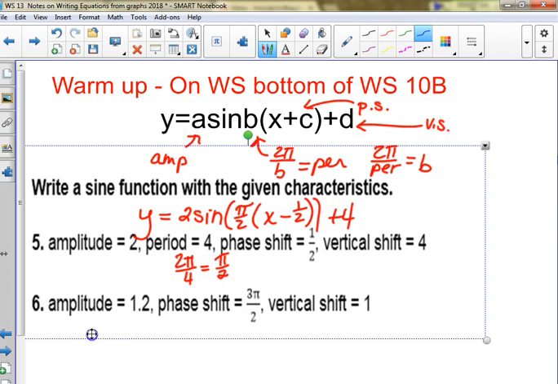Okay, who's got me on 6? Then we have 2 pi divided by 3 pi over 2, which is 2. Doesn't have a, okay, thanks guys, fix me.